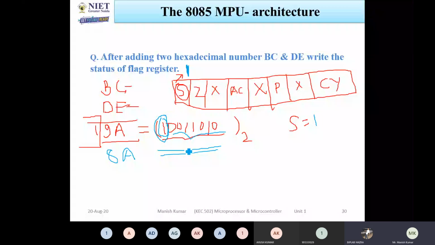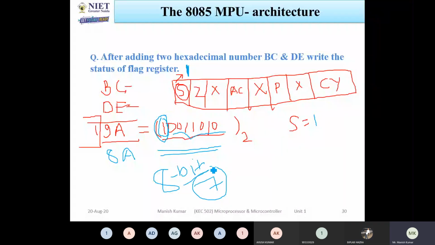If we are talking about 8-bit numbers, then when we check the sign bit, we do not consider 8 bits, we are considering only 7 bits. 7 bits are the magnitude and the one most significant bit is called the sign bit, either positive or negative. So in this case, if the MSB is 1, then you can tell that the sign flag is set.